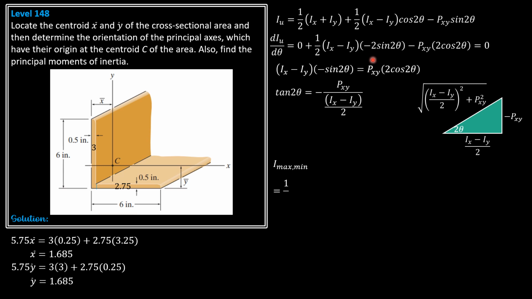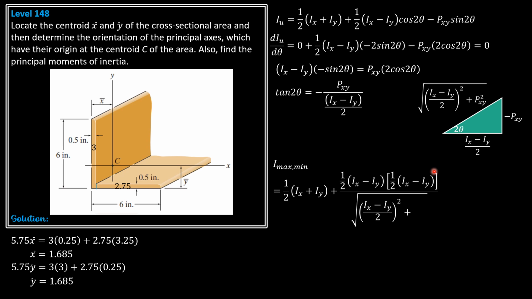So I sub max or minimum equals 1/2 of the quantity Ix plus Iy plus 1/2 of the quantity Ix minus Iy cosine 2 theta, and cosine 2 theta is 1/2 of the quantity Ix minus Iy over the hypotenuse, which is the square root of the quantity Ix minus Iy over 2 squared plus Pxy squared. Then minus Pxy sine 2 theta, where sine 2 theta is negative Pxy over the square root of the quantity Ix minus Iy over 2 squared plus Pxy squared.